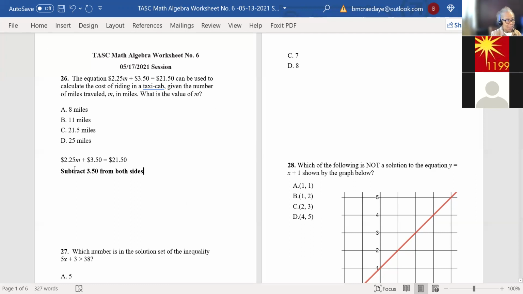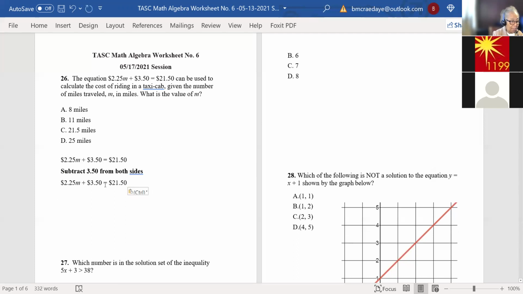Okay, so let's do that. Let's take this equation and subtract the 350 from both sides, the left and the right. Okay, so minus 350 here on the left and minus 350 on the right.